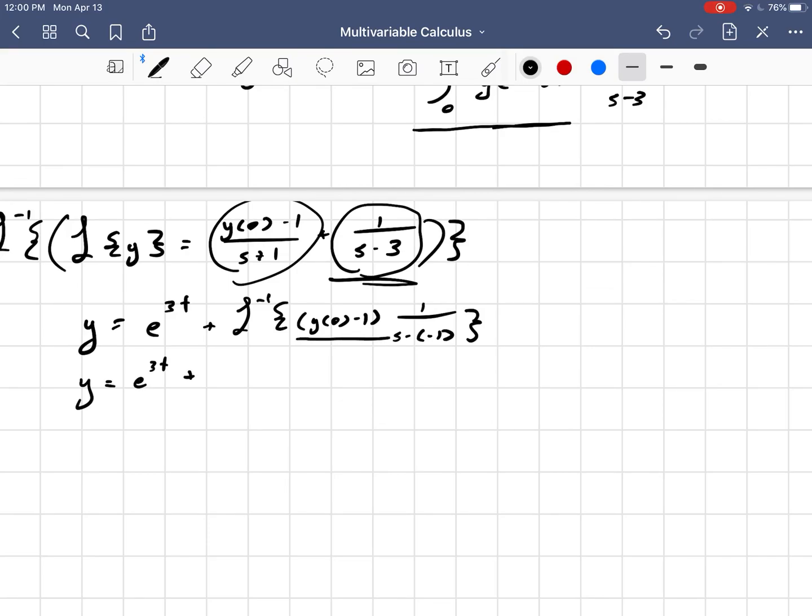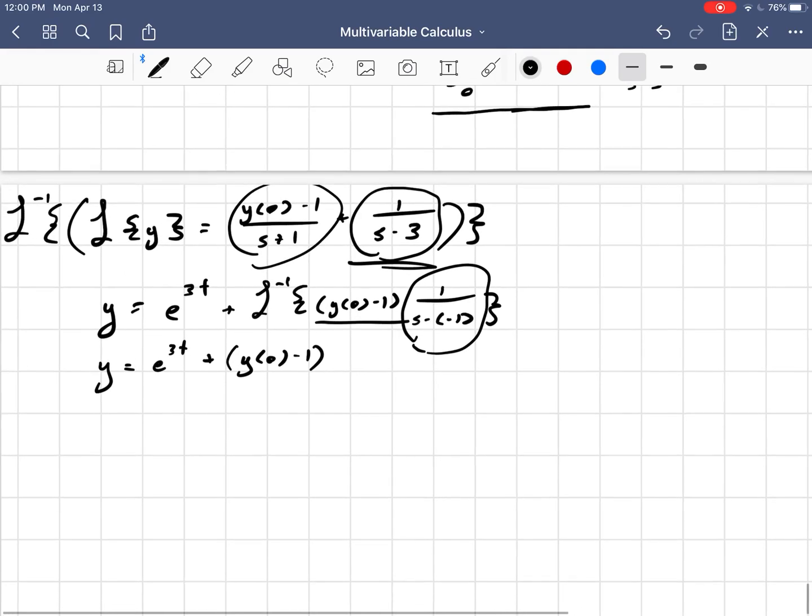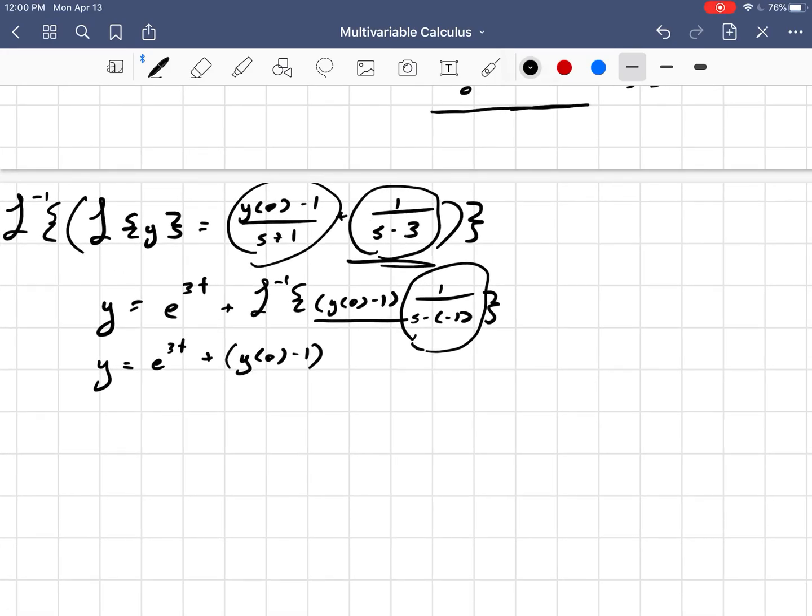So y is e to the 3t plus, and this is a number so I can pull it out front, y of 0 minus 1 times, now we just have to take the Laplace inverse of 1 over s minus negative 1.